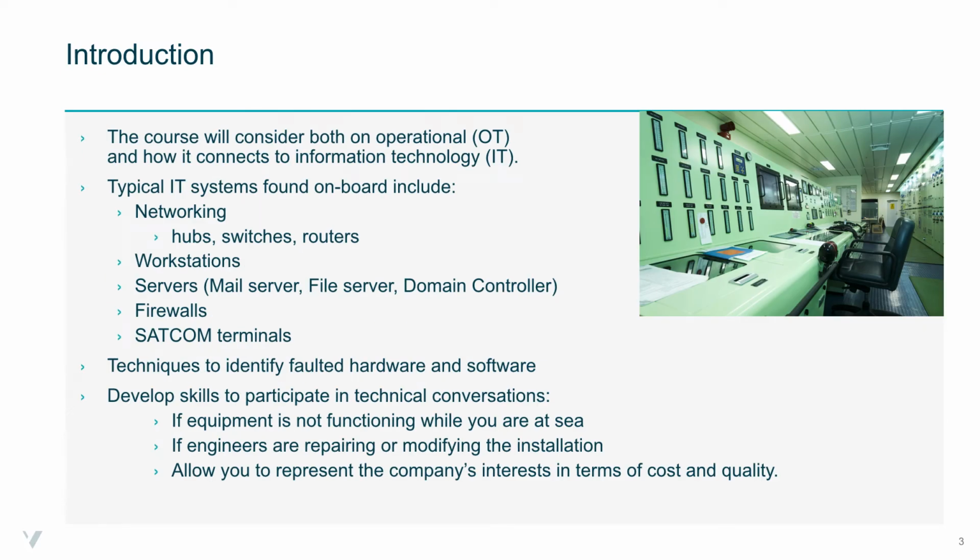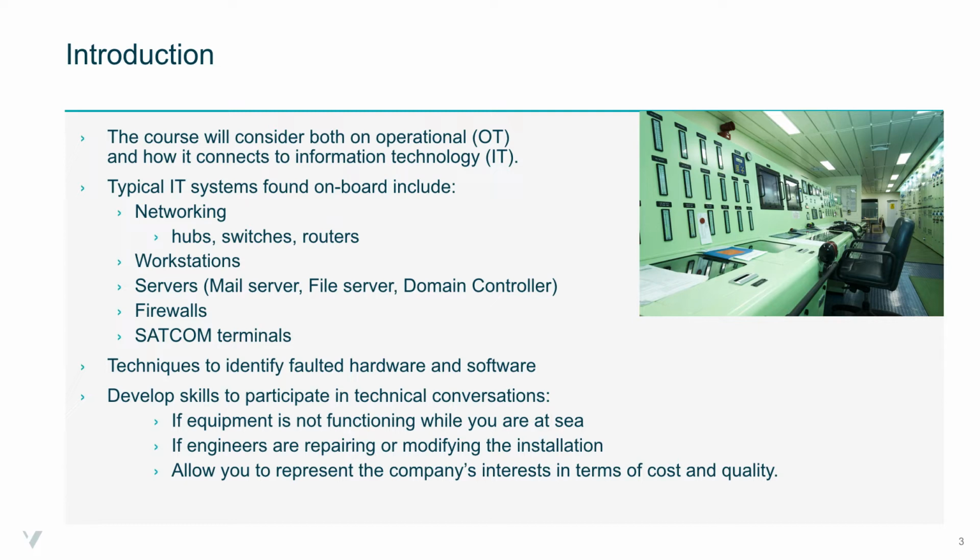So as I've already said, this course considers operational technology, OT, but also considers how it interacts with IT on board the ship, because the two are typically connected. So IT systems found on board, we've got networking devices, hubs, switches and routers, and many of us are familiar with these types of devices because we have them at home.